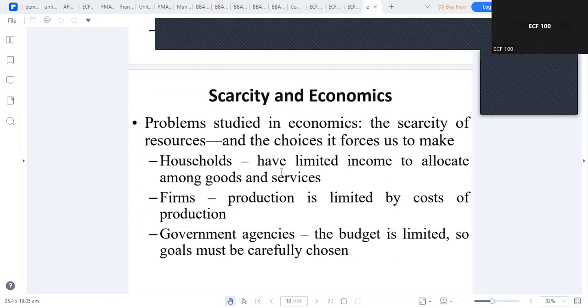And government agencies too have limited choices over how to satisfy the goals of the citizens. So government, through government spending, must make optimal decisions to ensure that its citizens are optimally satisfied.